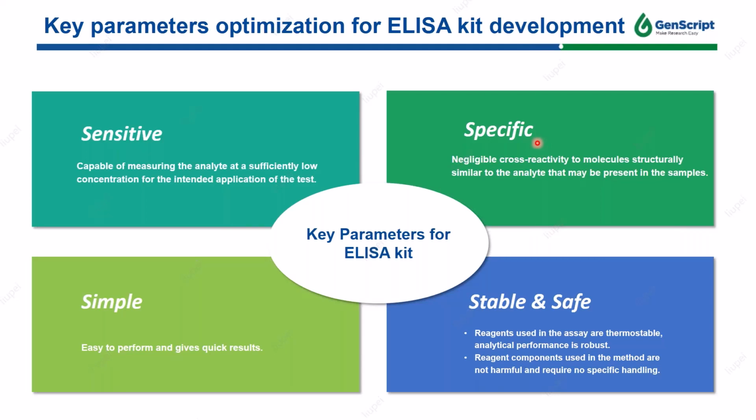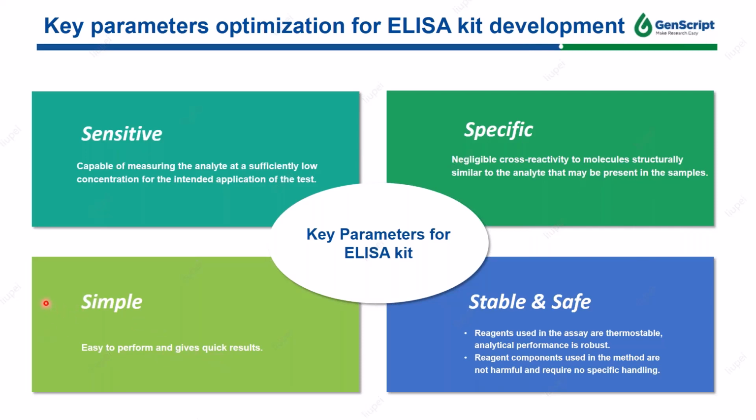The kit should detect the analyte present in the samples. In the specificity, there should be no cross-reactivity to molecules structurally similar to the analyte that may be present in the samples. Another is simplicity.